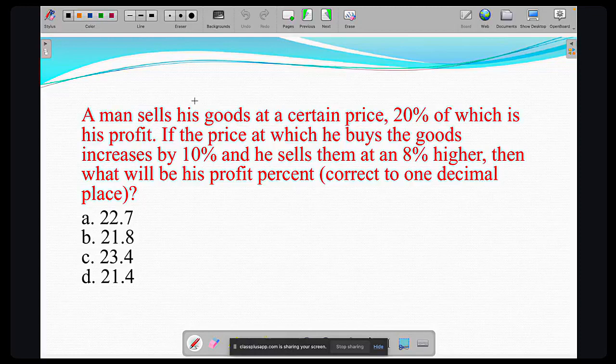Now tell me, my question is, what number will you assume? Cost price or selling price, in this question?